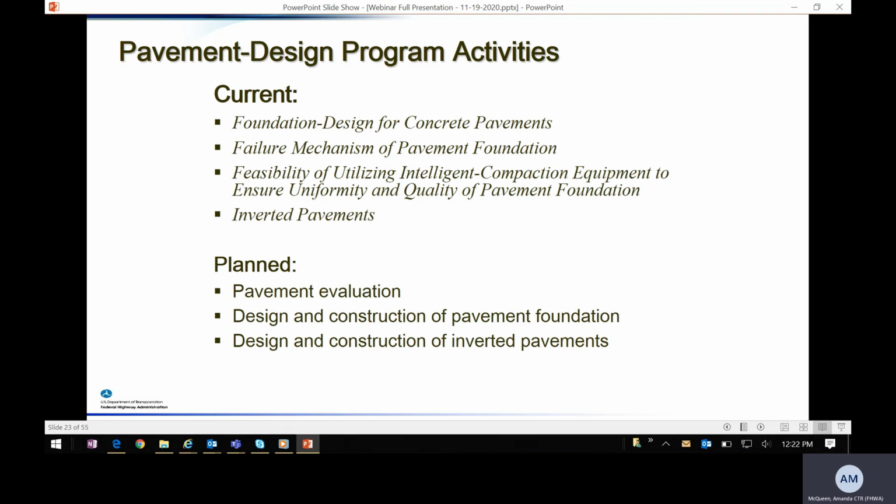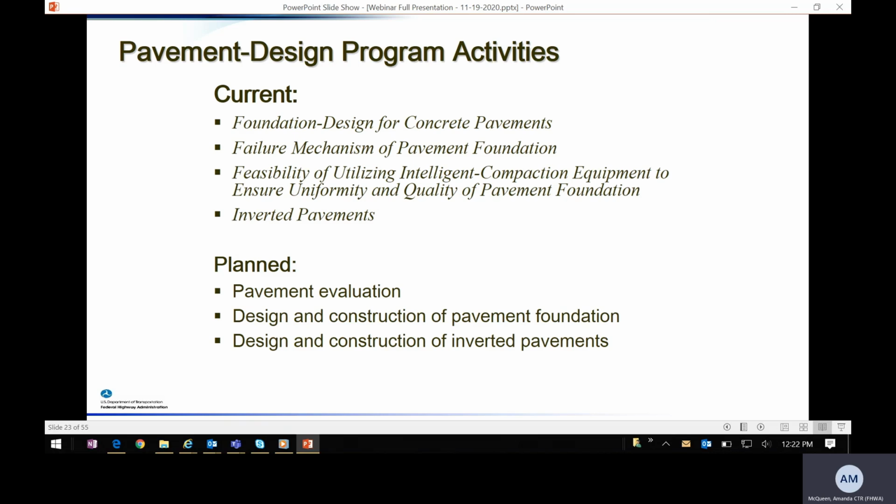And we have an active contract looking at failure mechanisms for pavement foundation, just documenting what sort of bad things can happen if you don't provide adequate foundation.